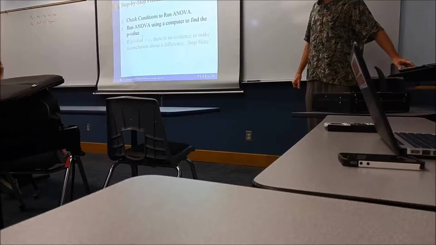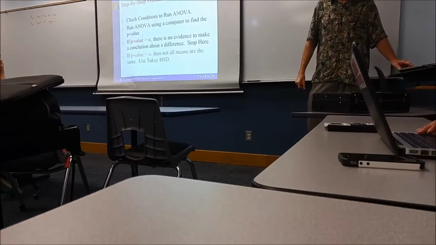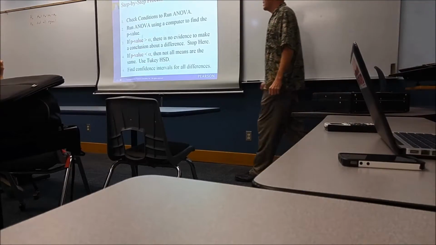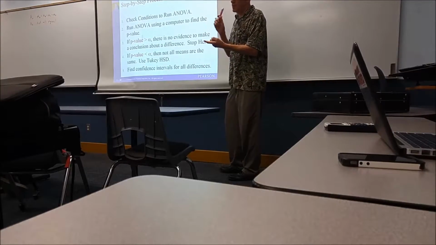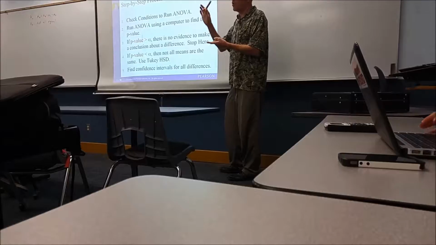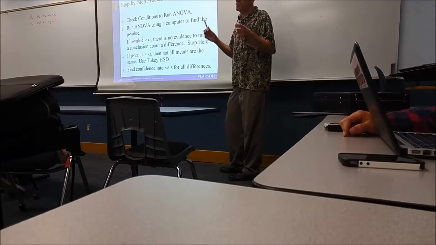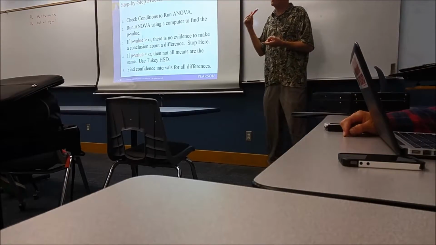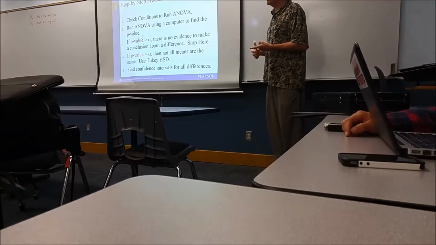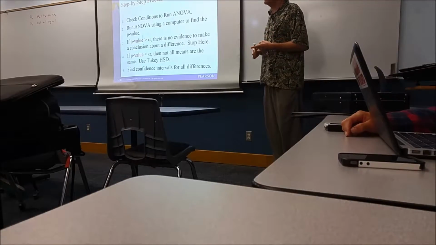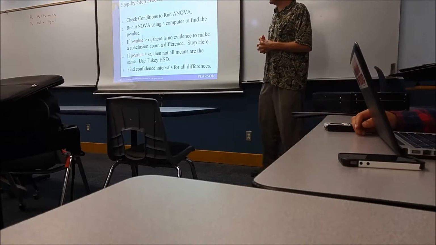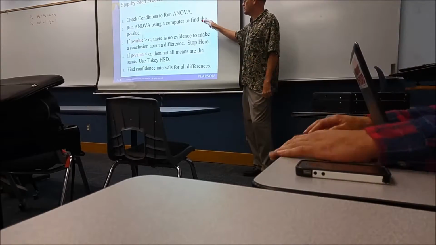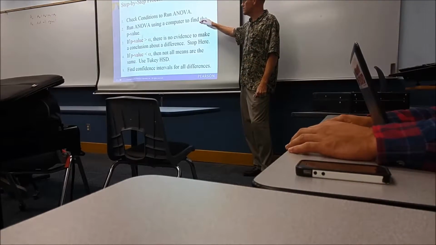Okay, so here's the steps for using it. First, you have to check the conditions for running ANOVA. Remember, so like for example, you need to have either normal distribution for your samples, independent samples, at least 25 or normal, and the standard deviations not too far apart from each other. Okay, then after you check the conditions, you run ANOVA using a computer to find the p-value.